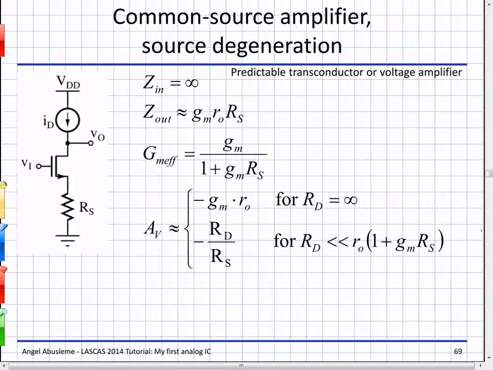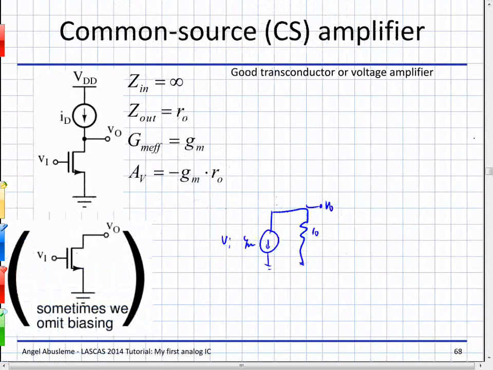Common source amplifier with source degeneration. It has a more predictable transconductor or voltage amplifier behavior, right? So this is feedback. At the end, this source resistance acts as a feedback that will make it a much more controllable GM. So GM effective is not something that depends much on the transistor, right?